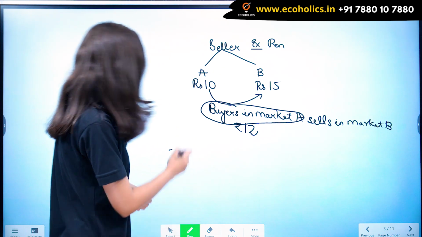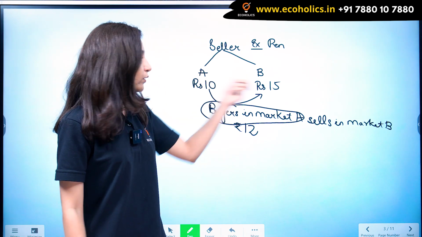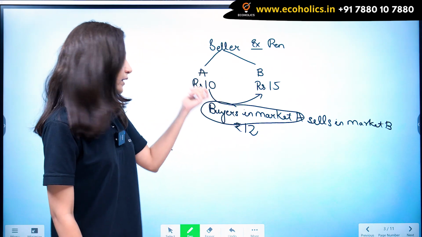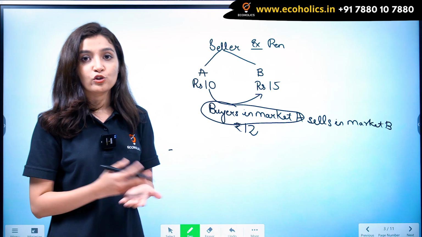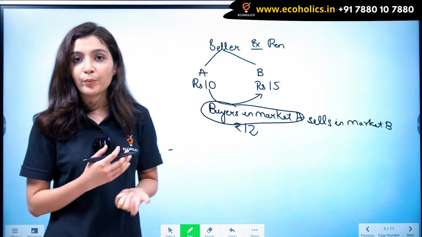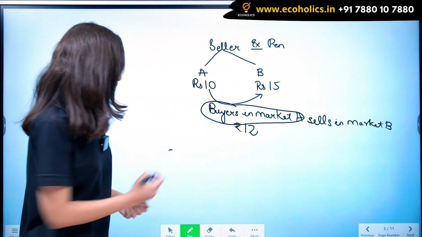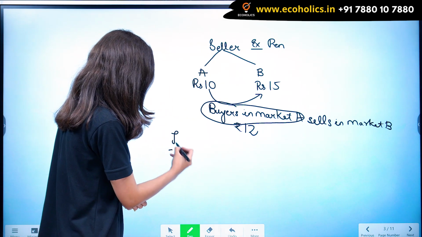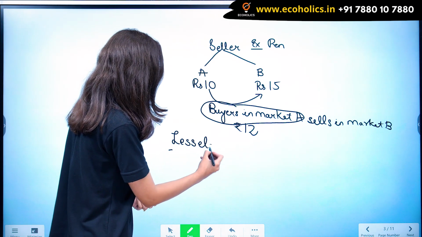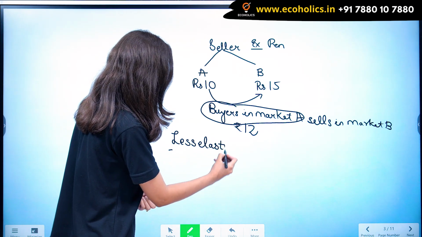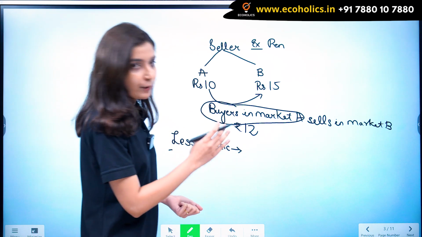Now the second condition would be that, let's say a seller is selling in two different markets, market A and market B. The price elasticity of demand in both the markets should be different. Only then is price discrimination actually possible. Now in that market where the price elasticity of demand is less elastic, there he will be charging a high price.